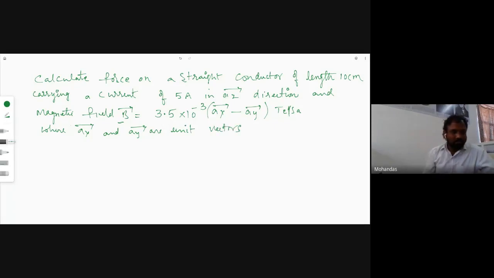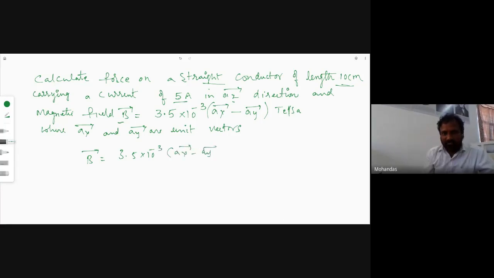Okay. See, a straight conductor here in this problem, a conductor of length 10 centimeters, carrying a current of 5 amperes. I is given, and the current direction is also given. It is in the AZ direction, in the magnetic field B. The magnetic field is given as 3.5 into 10 to the power of minus 3 AX minus AY.